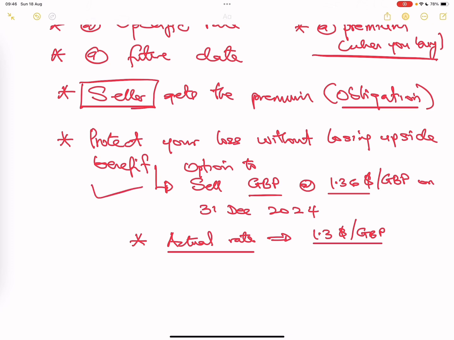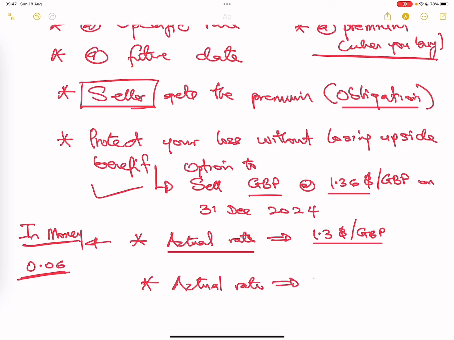And that's where you say, if the actual rate is this, then your contract is said to be in the money because it's profit from the actual. Because lucky you have already set a rate of 1.36 for that date. And that means you will get 0.06 profit on each contract unit. However, let's say the actual rate is $1.4 per GBP.